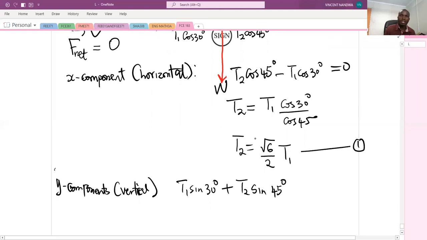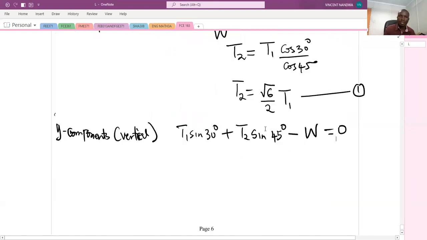But now weight is acting in the opposite direction, so negative W is 0. So that will give us T1 sine 30 degrees plus T2 sine 45 degrees equals W. Call this one equation 2.